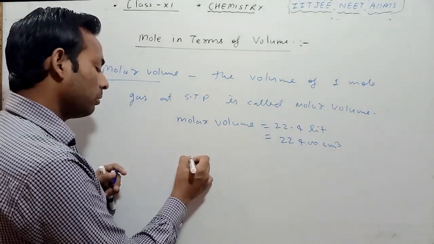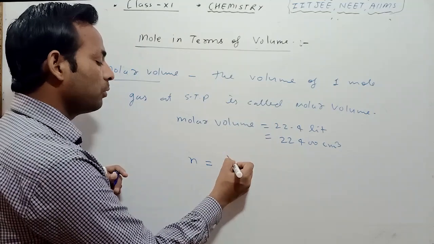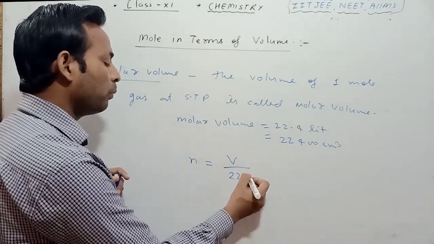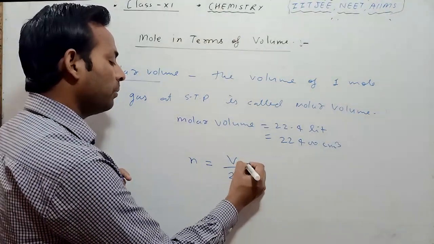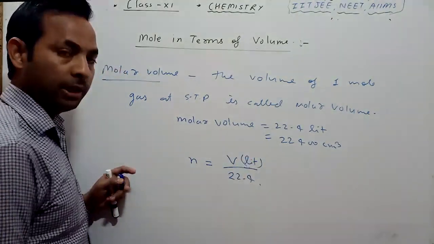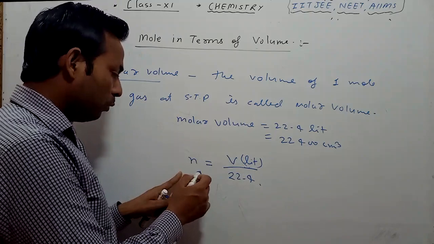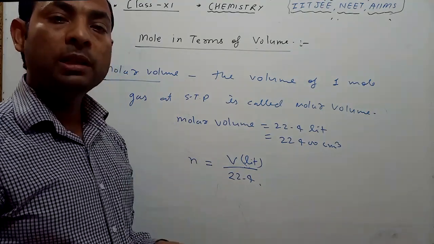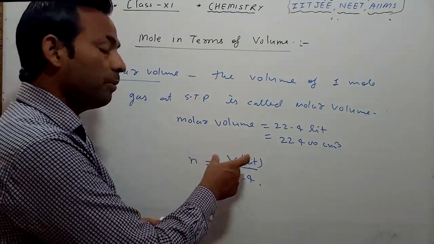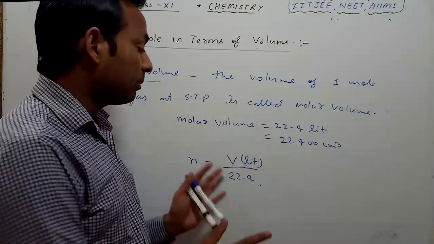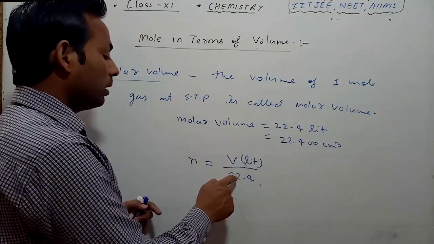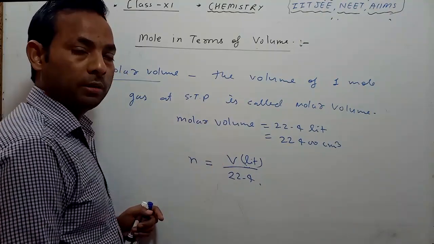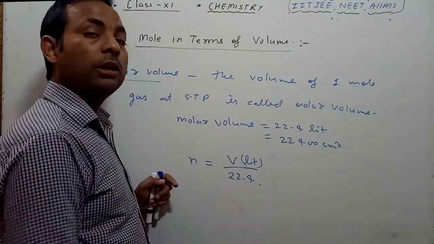So the relation between number of moles: n equals V upon 22.4 liter. This volume we always take in the form of liter. So the number of moles can be easily calculated by dividing the total volume of gas in liter by 22.4 liter. Why?